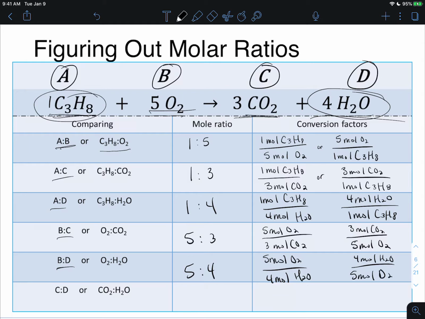And then lastly, we can convert between our products if we want to. So we could do C to D. So we have a 3 to 4 mole ratio. And that's pretty simple. Again, anything we have within our reaction, we can convert to anything else in the reaction.